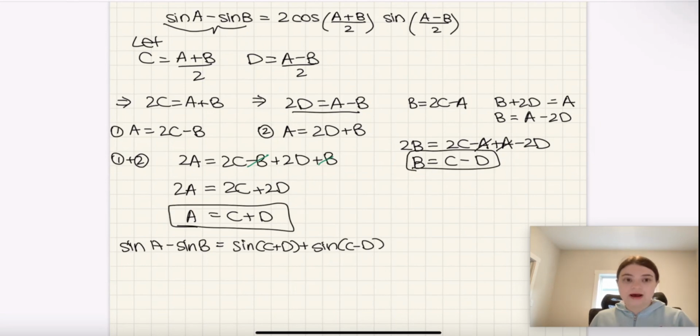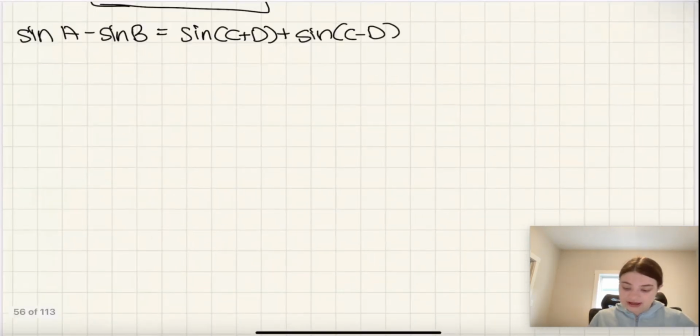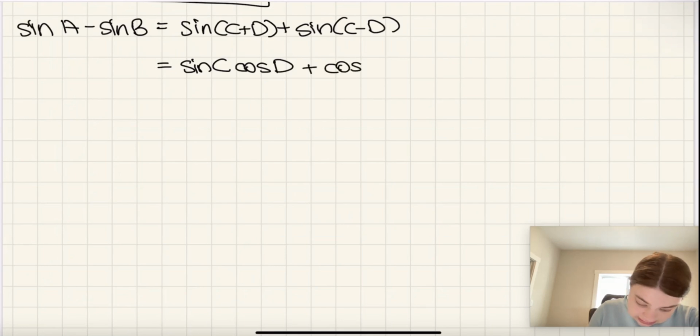Then I'm going to apply the addition and subtraction formulas for sine. So recall that the sine addition formula is sine C cos D plus cos C sine D, right?